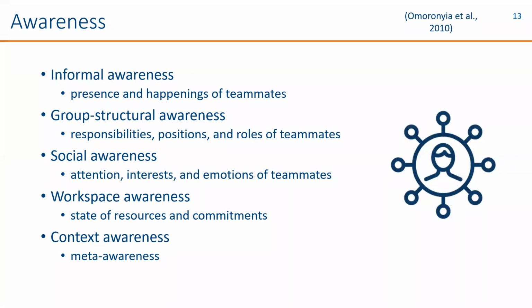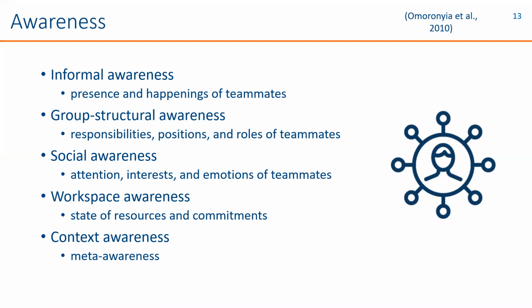There are 5 types of awareness here on this slide that are relevant to group dynamics that exist in general collaborative work, but these are especially created for distributed software engineering. The first one, informal awareness, involves knowing the presence of people, what they're doing, and some insight on what they're going to do.